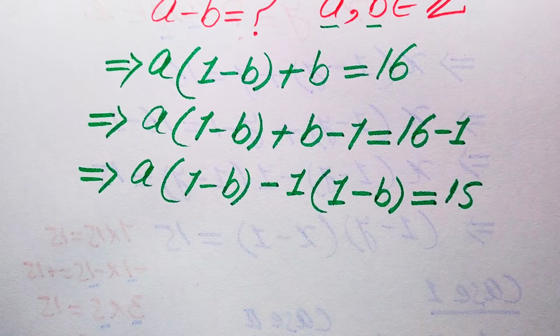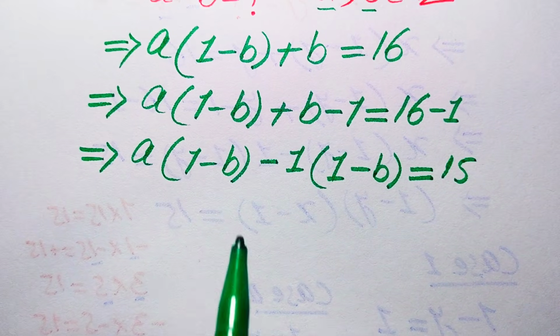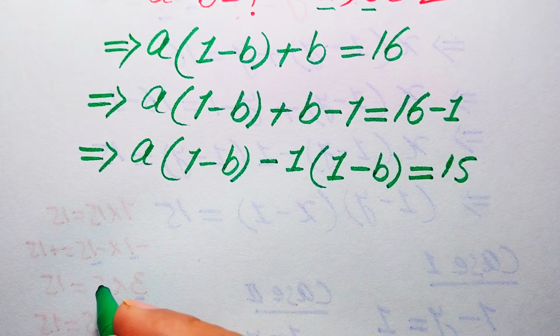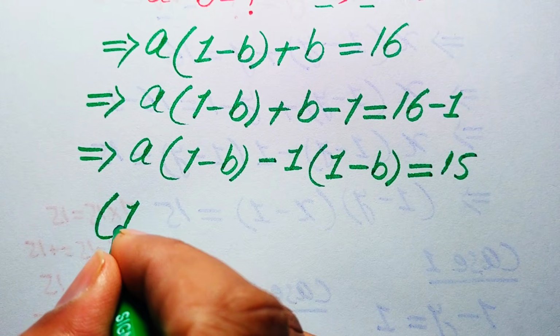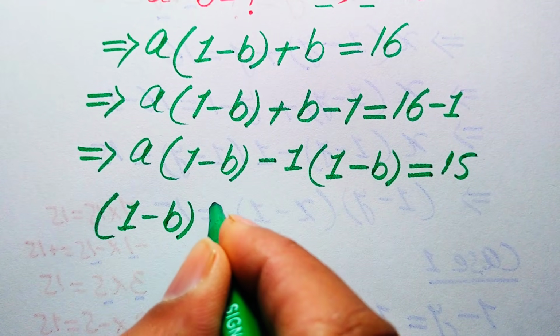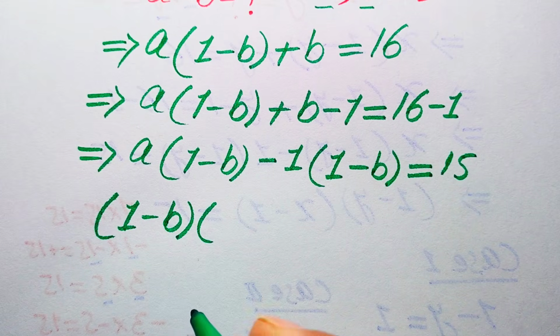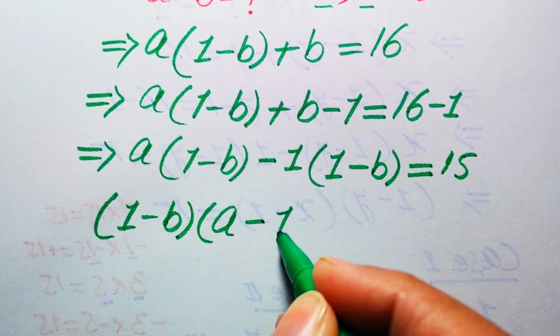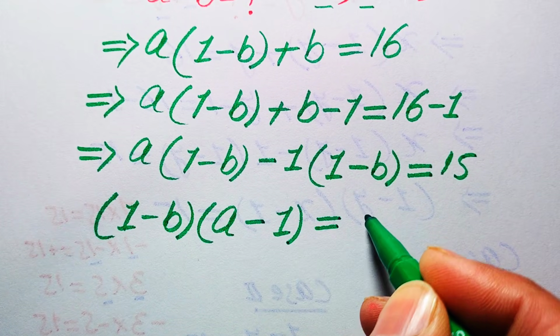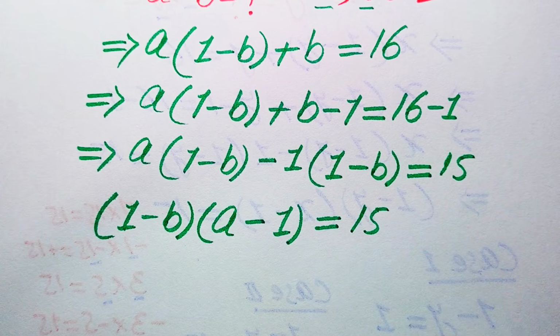And now you see 1 minus b is the common factor in both of these two terms, so we take common 1 minus b. When we take common this factor 1 minus b, from here we get a only, from here we get minus 1, and this whole equation is equal to 15.